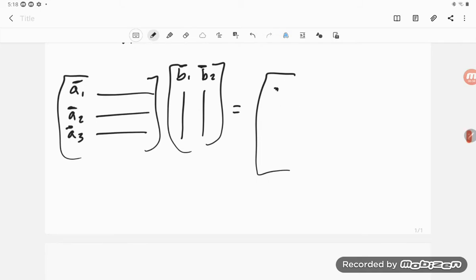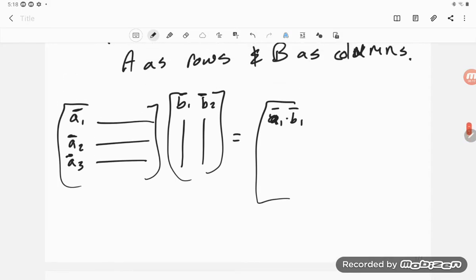The answer is A1 dot B1. That's the 1, 1 entry, row 1, column 1. Oh, row 1, column 1. Hey, I can maybe remember this. Okay, then row 1, column 2 is A1, B2 dotted.